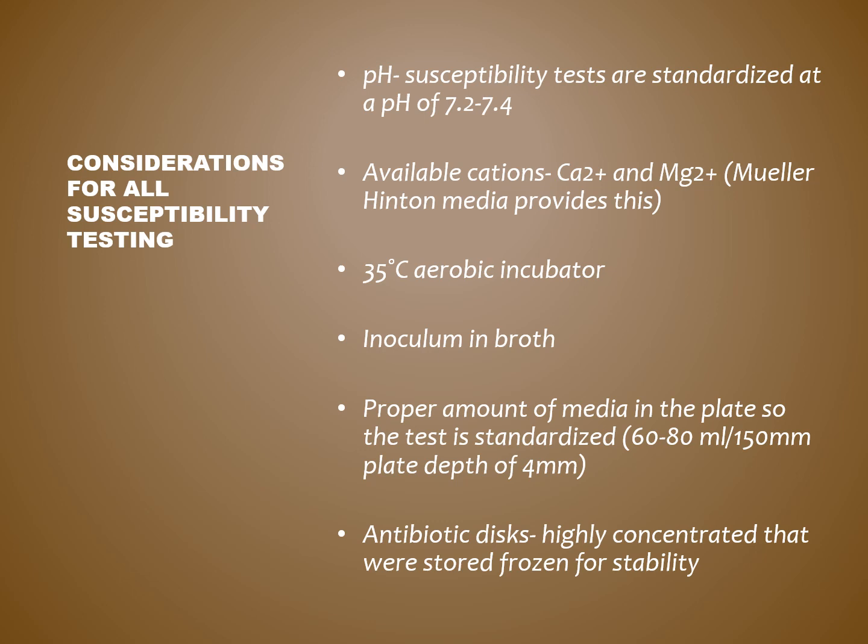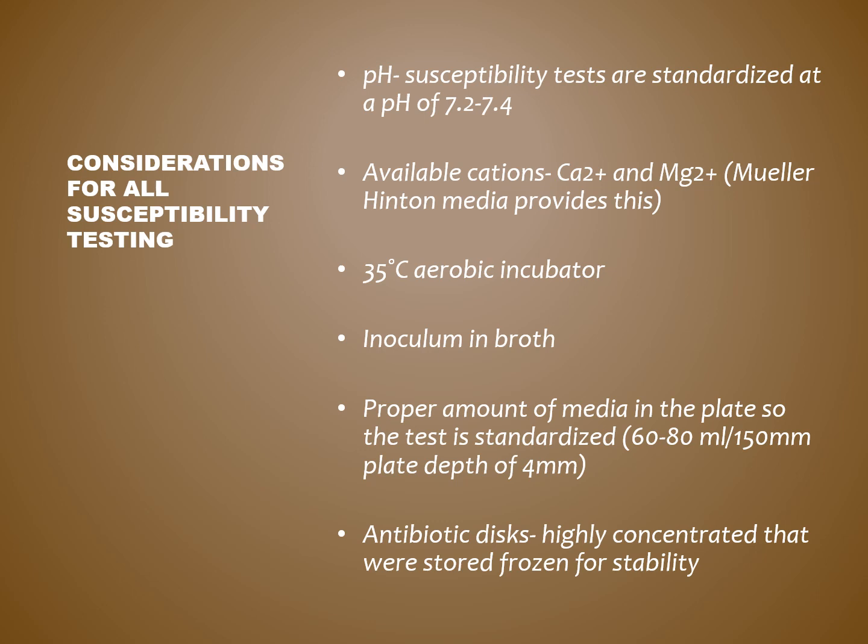Whenever we're doing susceptibility testing, we want the procedure to be standardized. We want to make sure that the pH of our Mueller-Hinton agar plate is standardized at about 7.2 to 7.4. We want to make sure that our Mueller-Hinton agar provides certain cations like calcium and magnesium. We want our incubator set at 35 degrees Celsius.